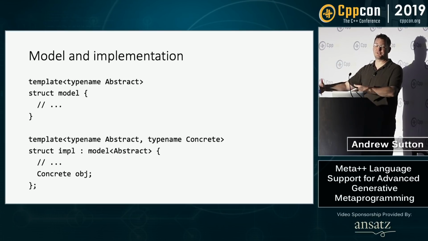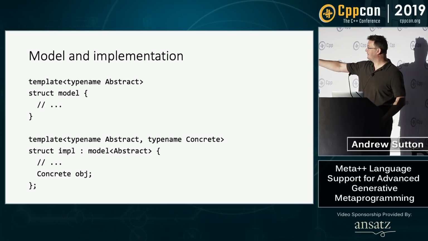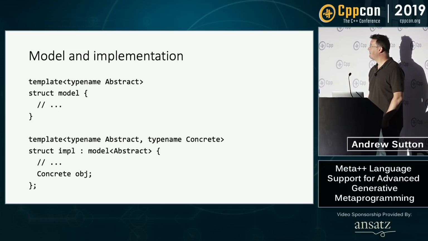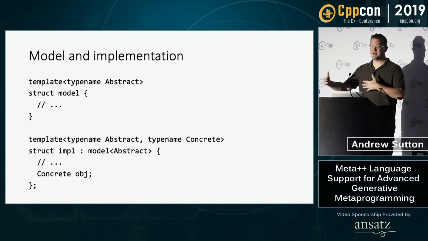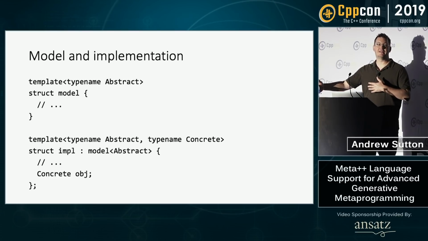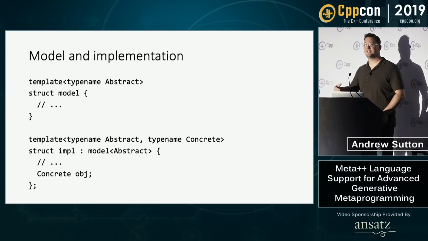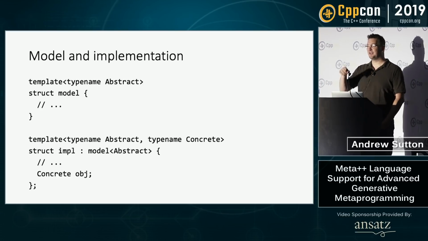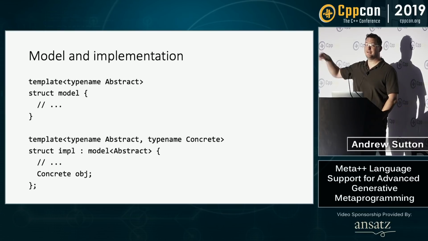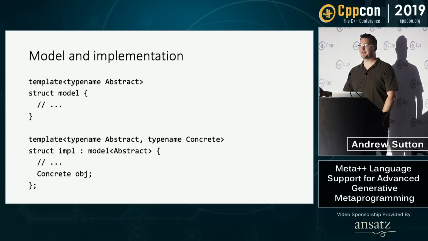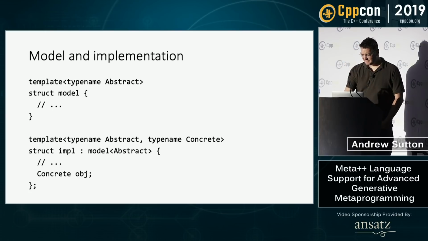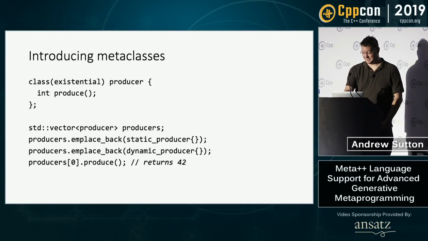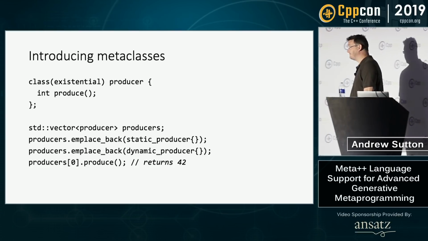So when you create the static producer or the dynamic producer, it's going to live in that object there. But it also has a bunch of metaprogramming stuff that will go through and fill out the virtual table that the base class has created. It establishes function pointers so that when you call produce on the outermost object, that's going to work through the virtual table set up here and call the correct function on the class that you created in the back end. It's an incredibly interesting implementation, but it works, right?